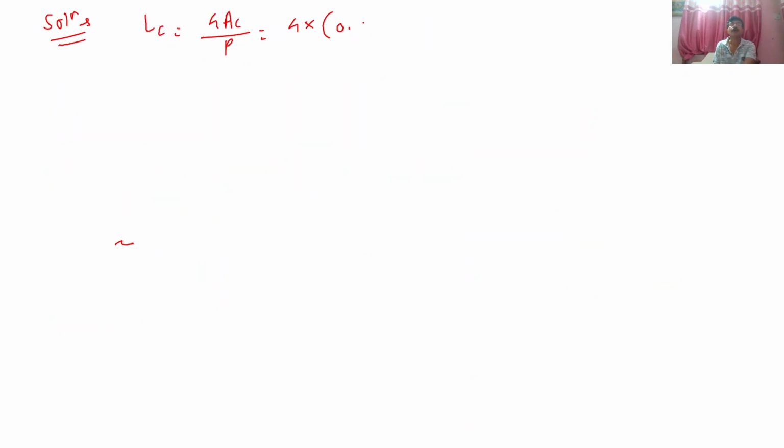So 0.03 into 0.02. Convert centimeter, millimeter into meter, upon perimeter. What is the perimeter of a rectangle? 0.03 plus 0.02 into 2. So this answer comes out to be 0.024 meter. So that is LC.